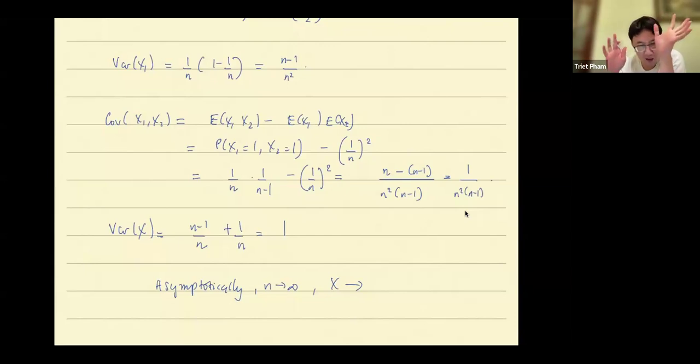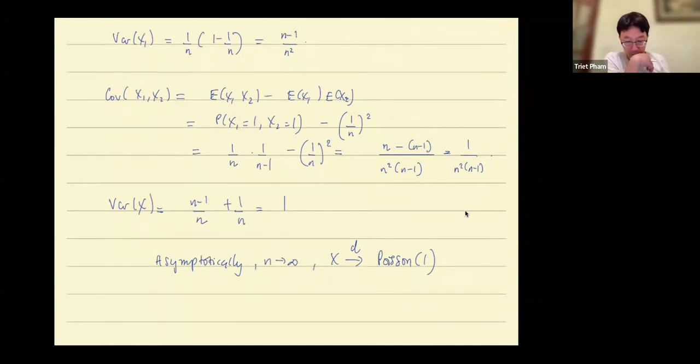Of course that's not a proof at all, it's just suggestive, but it is true, and it's actually surprising that the distribution of the number of people getting the right hat approaches a Poisson random variable as the total number of people goes to infinity. All right, any question?